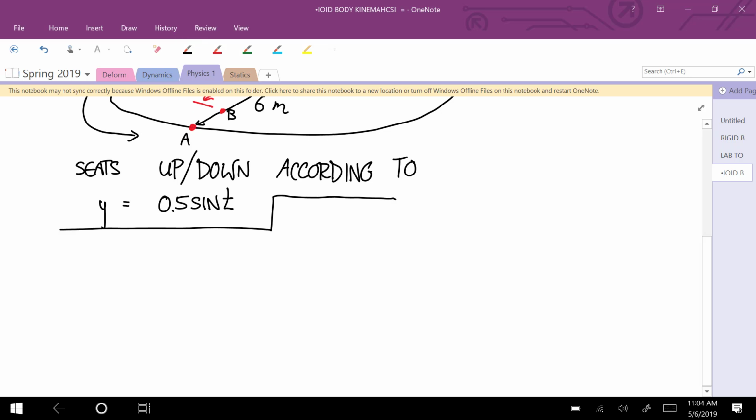All right, well, let's come up with expressions for the velocity of the kid and the acceleration of the kid.